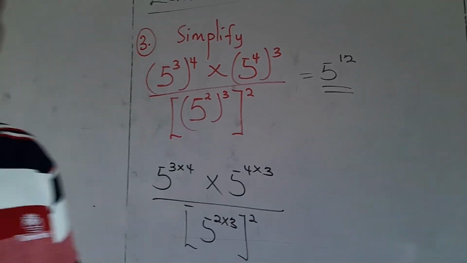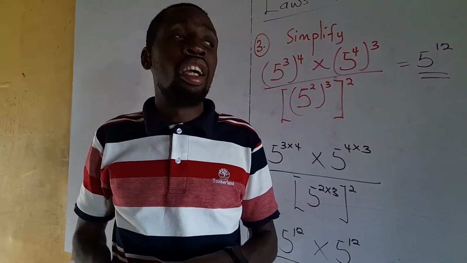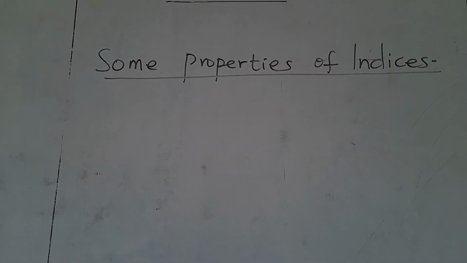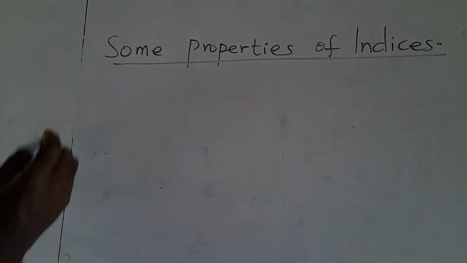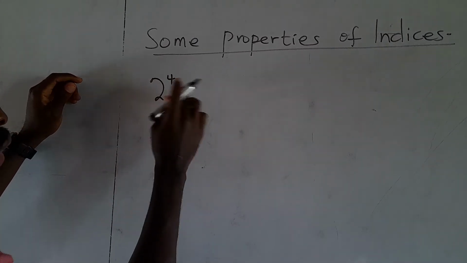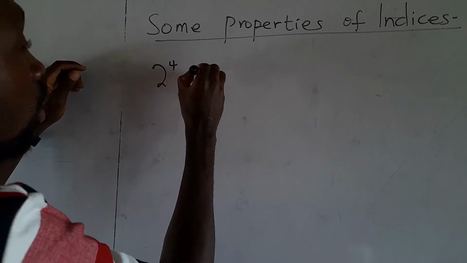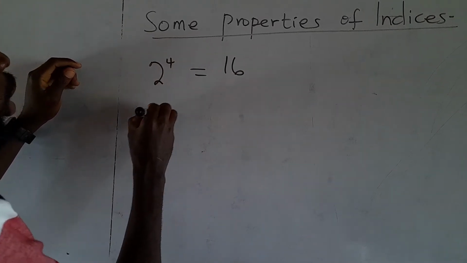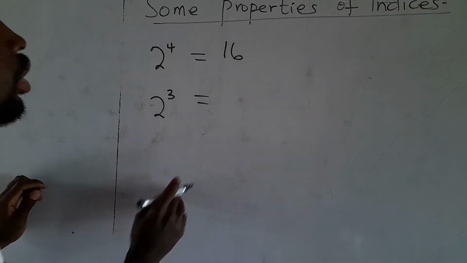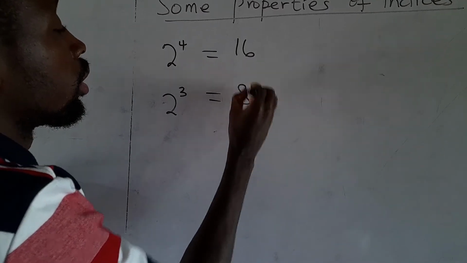The next thing we'll look at is some properties governing indices and their applications. So now we'll talk about some basic properties. Look at it. If I have 2 exponent 4, it means 2 multiplying itself 4 times. We'll get 16. 2 exponent 3, 2 multiplying itself 3 times, we'll get 8.